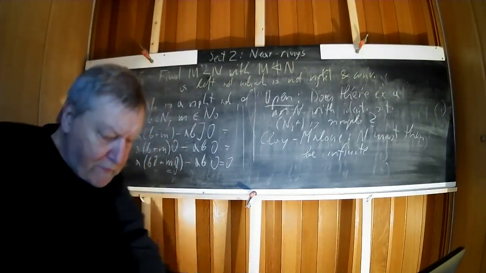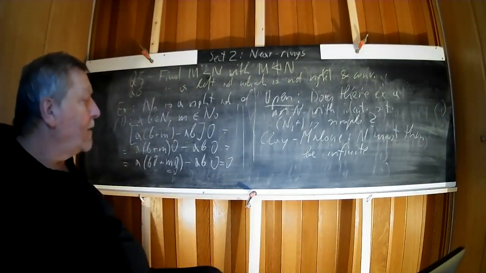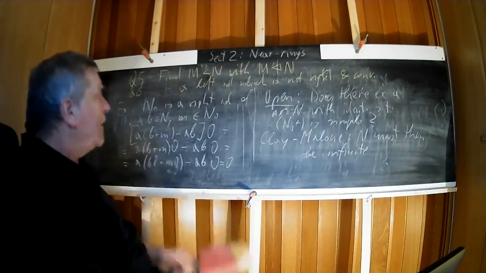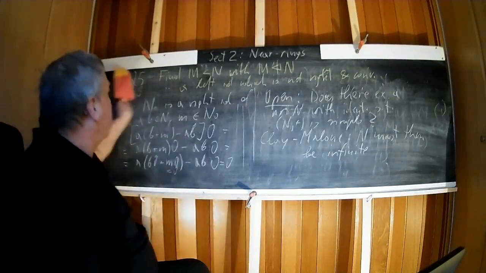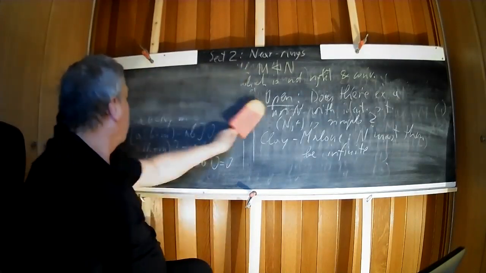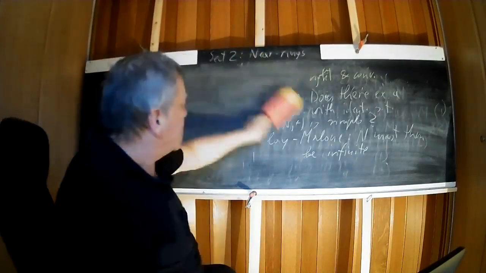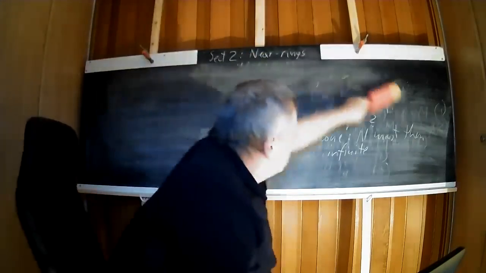Now let's get back to the theory, and if we take a near-ring N, and if we find an ideal, then we can construct a new near-ring out of that.